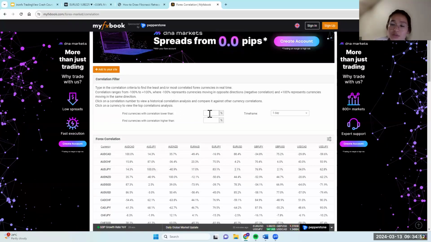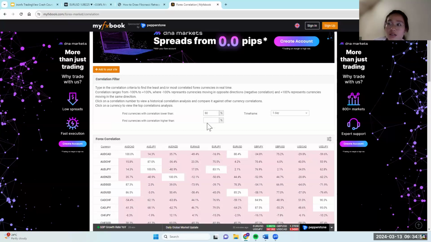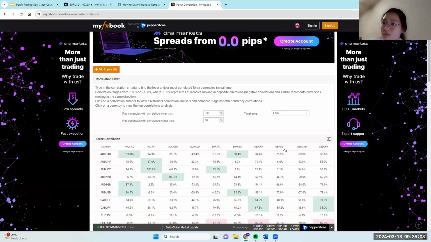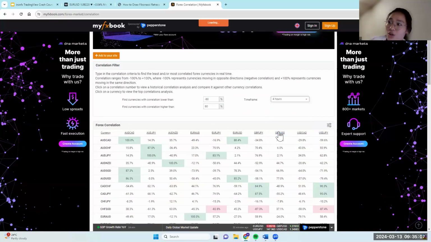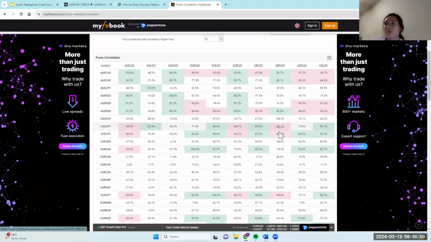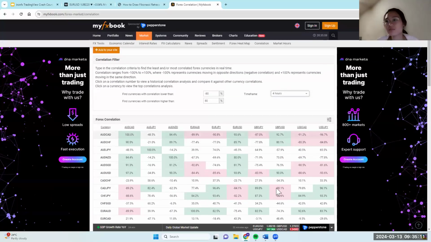So we typically will look for currencies lower than minus 80 and higher than 80. And you can choose your time frame depending on your trading strategy. I'm looking at 4 hours. So you can see here, for example, AUD CAD and Euro JPY, it's very negatively correlated.